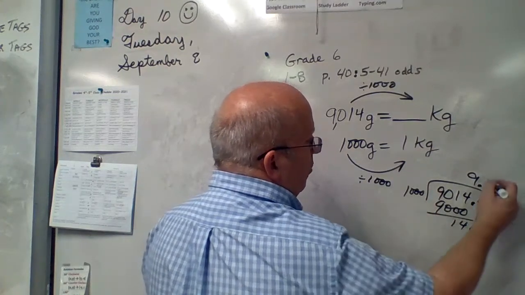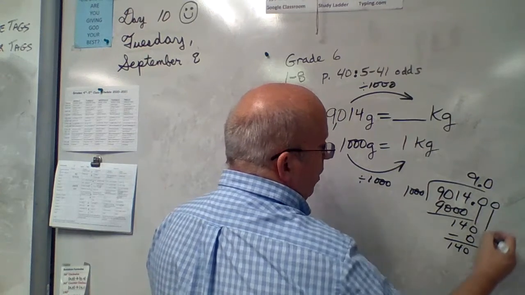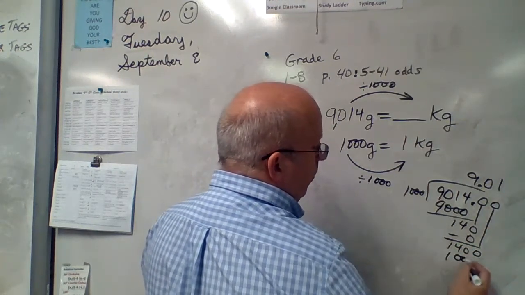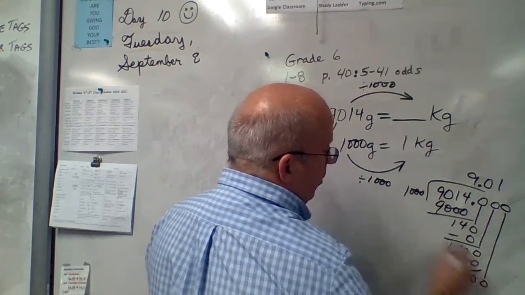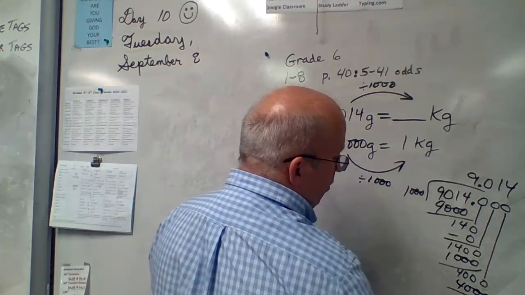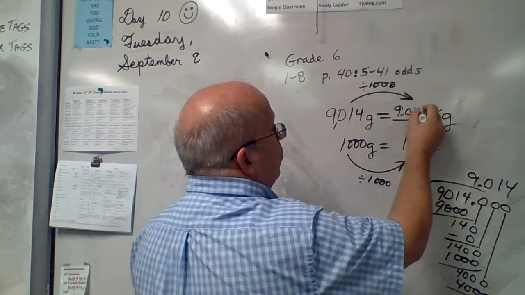This goes into this 0 times. Let's bring down another 0. It goes into this 1 time. And it goes into this 4 times. So there's our final answer, 9.014.